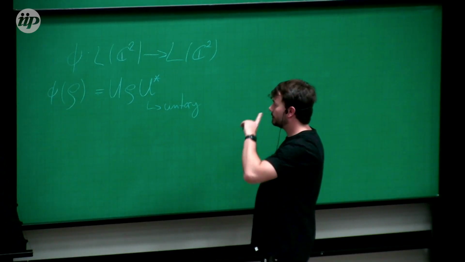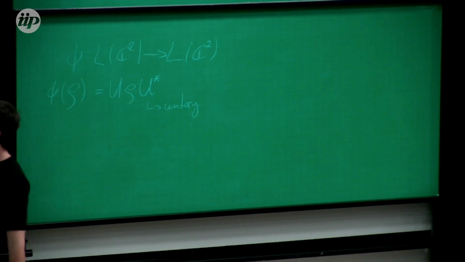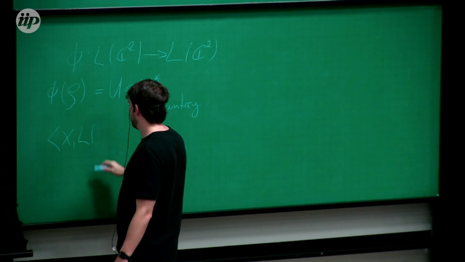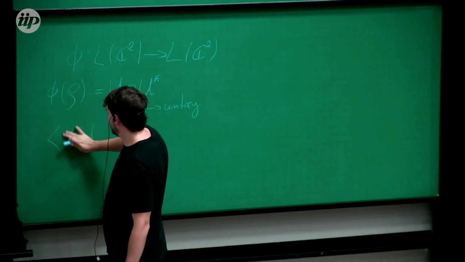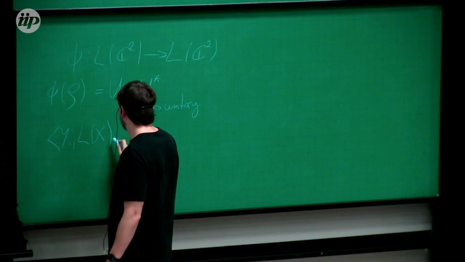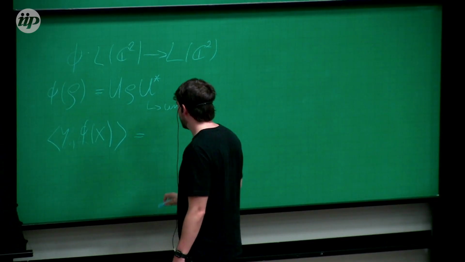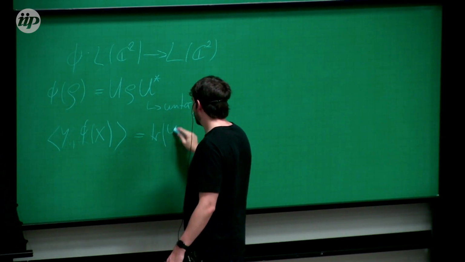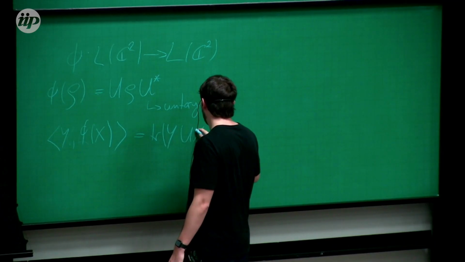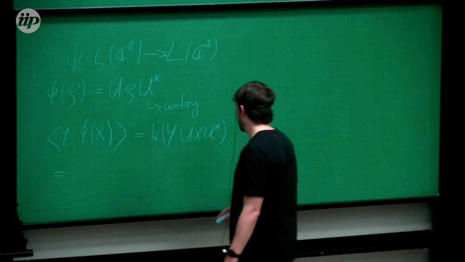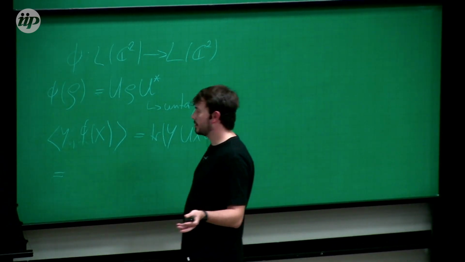Now let's look at what happens when you want to compute the adjoint. Let's follow the formula. We have some x and y, the inner product of y with phi of x. By definition, this is trace of y, u x u star. We want to find out what phi star is.